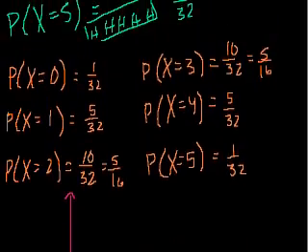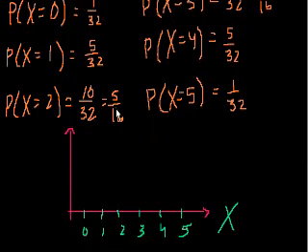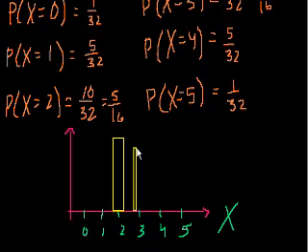They're all right there, 10 over 32. That's the probability of 2 and 3, and they're the same. Let me draw a little bar graph. I'll draw them the highest because those are the highest values. 2 and 3 both hit 10 over 32.